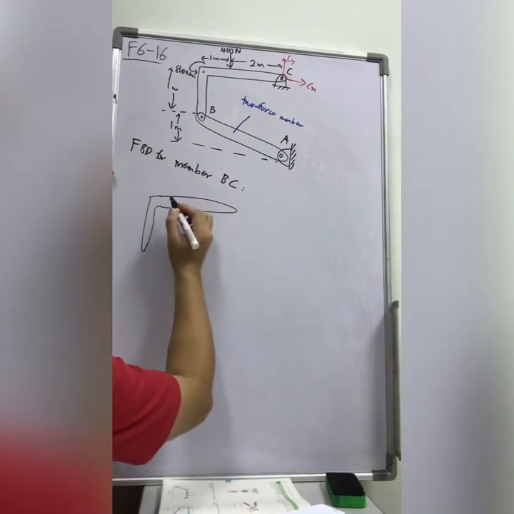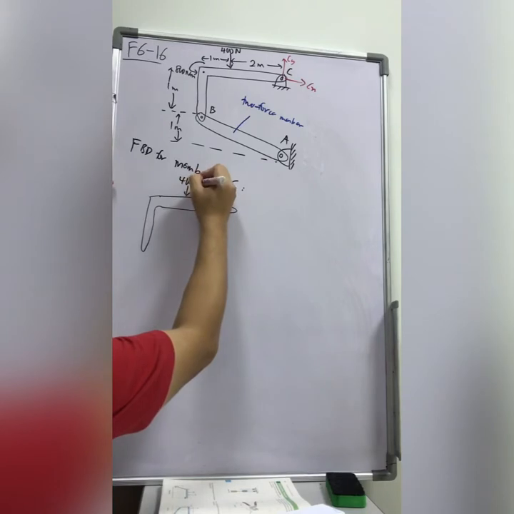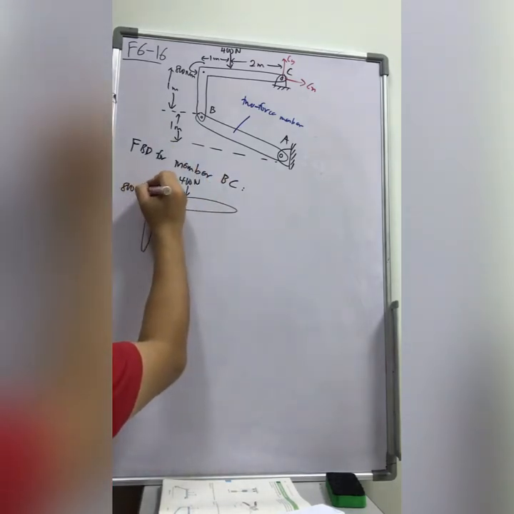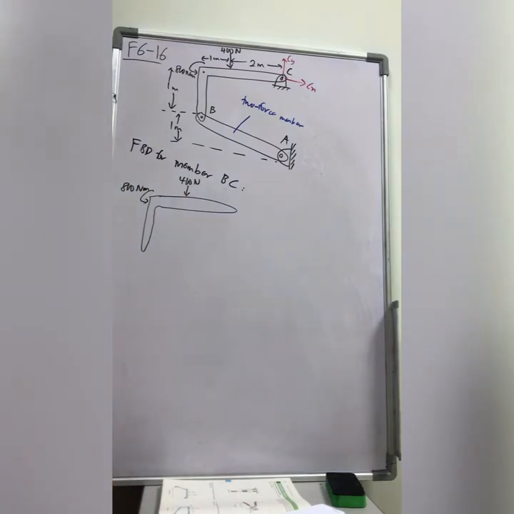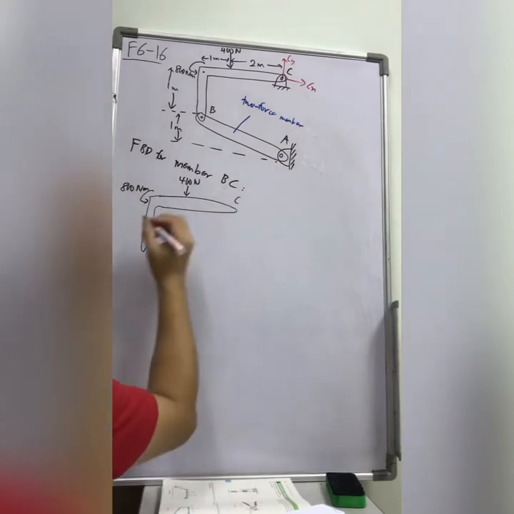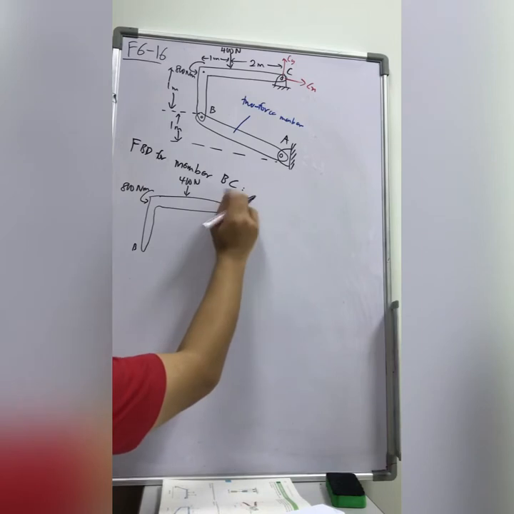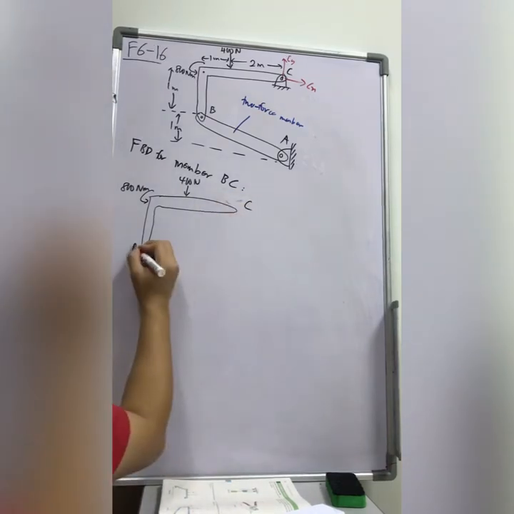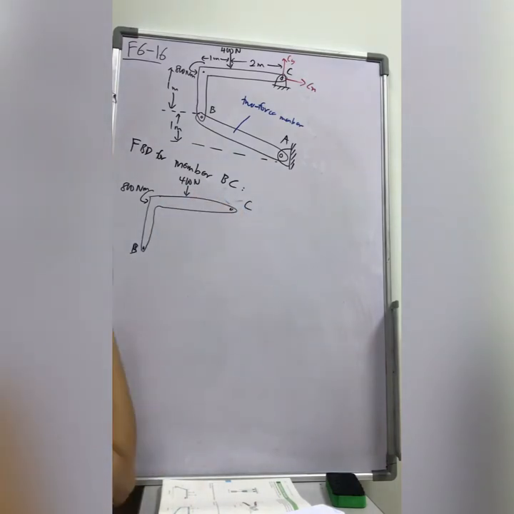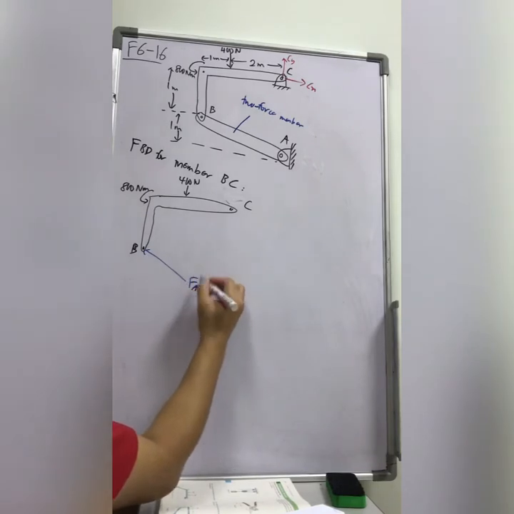Sharp edge. So you have the 400 Newton load, and then you have the 800 Newton meter couple moment. And then here, what happened at B? This is C, this is B. At B, you have this FAB, simple as that, because AB is a two force member.